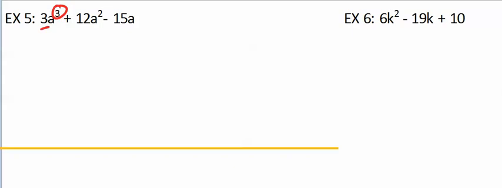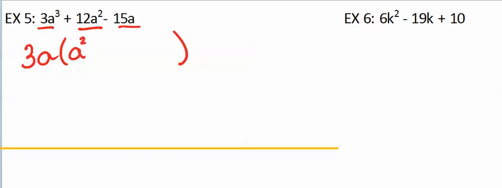If you remember what I said earlier in the video, the number one rule is to look for a GCF. You'll notice that all three of these terms have an a in them, so I can pull out an a, but they're all divisible by 3. So I can take out a 3a in each of these. I'm left with a squared plus 4a minus 5.